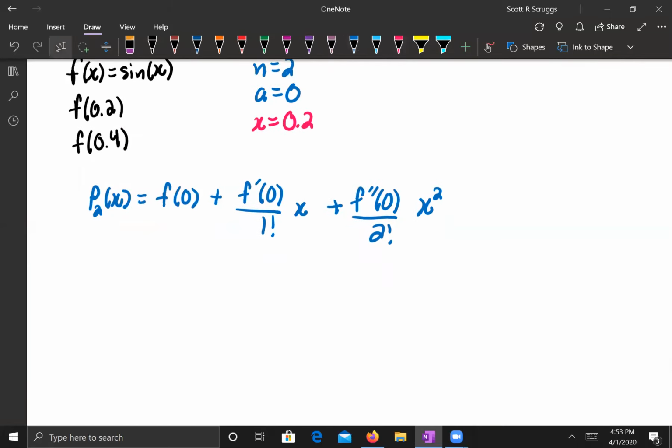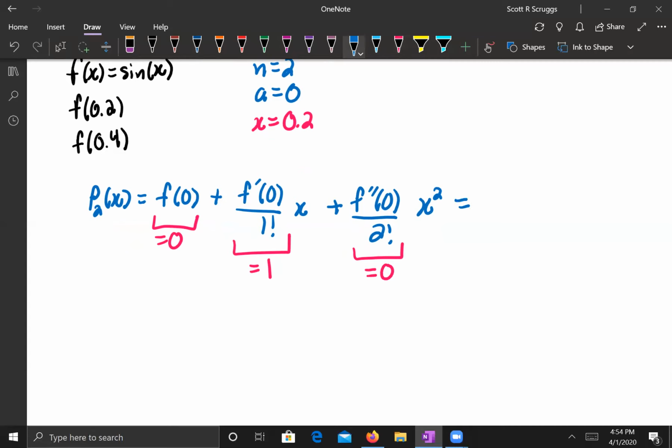Okay. So f is sine, which means sine of 0 is 0. The derivative is cosine, so that will equal 1. The second derivative will be negative sine. Evaluated at 0, that whole thing is 0.